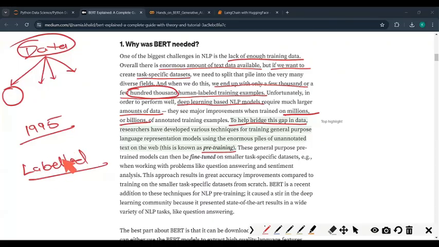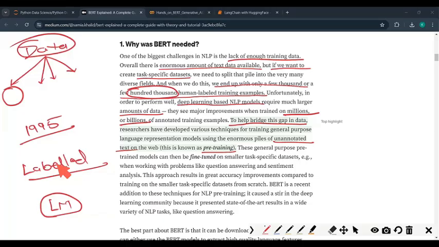To overcome this situation, even if I have unlabeled data, which is unannotated text on the web, so if it is not mentioned what kind of data it is, what kind of paragraph it is, what kind of document it is, we have to create a language model which should be able to automatically understand the theme of the data.